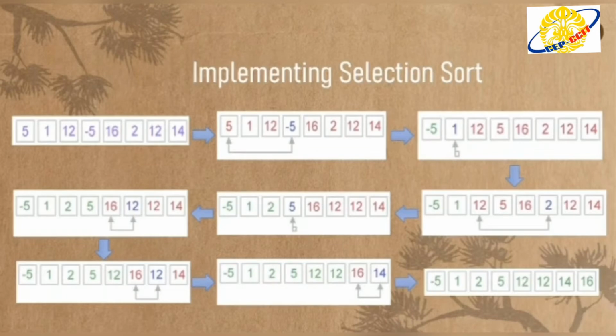Then the number 2 is shifted into box 3 because the number in box 3 is greater than number 2. Go to box number 4. Check if there is a number smaller than the number in box number 4. If there isn't, then there is no need to move.